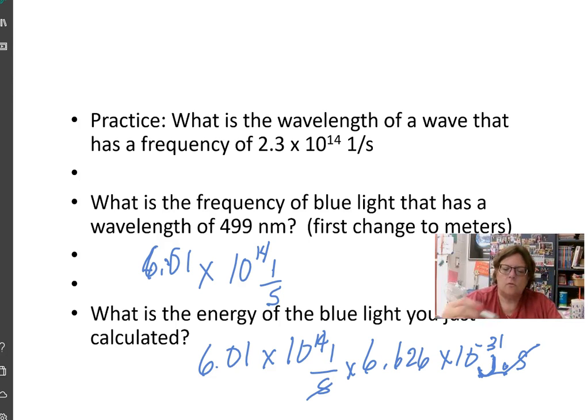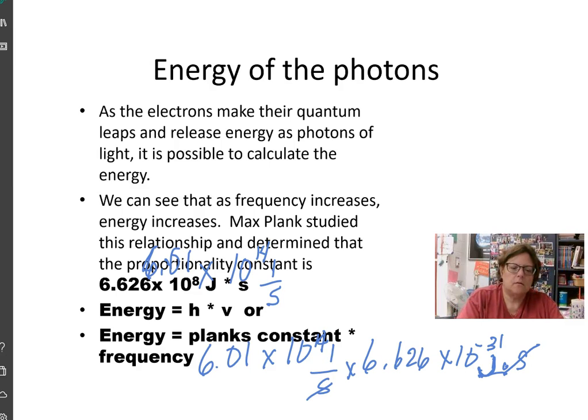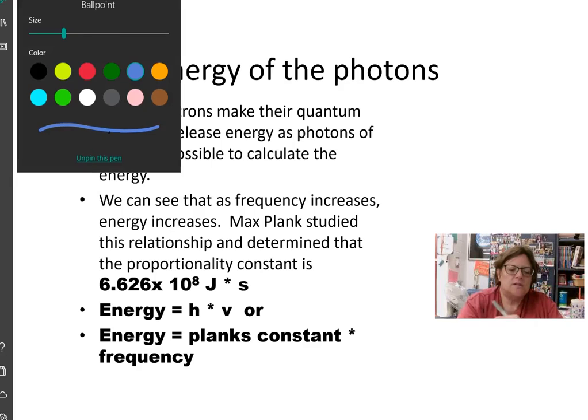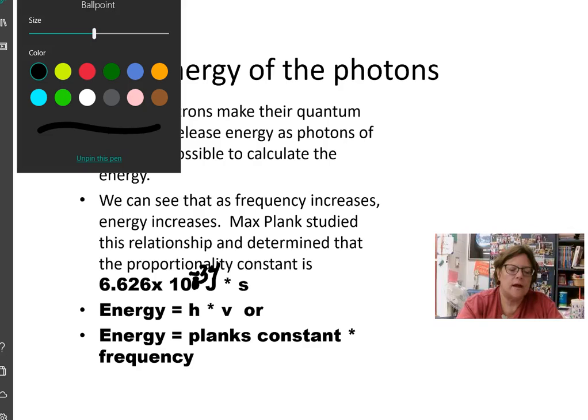All right, so let's talk about Max Planck. First of all, we have a horrible mistake on here. Where it says 10 to the 8th, cross out 8. It's 10 to the negative 34th. We're talking about a conversion factor.